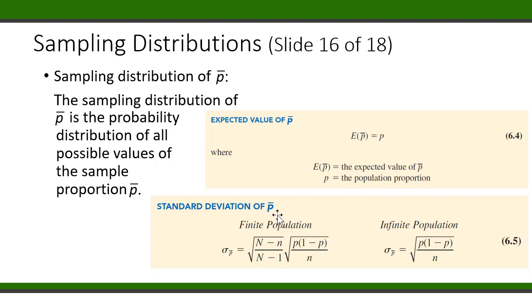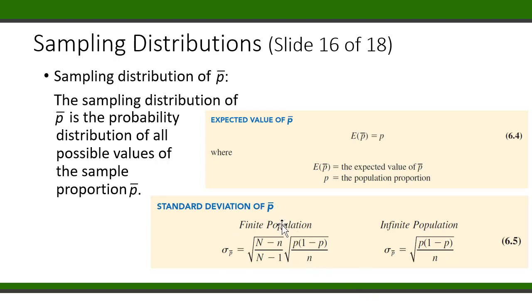And then the standard deviation of the sample proportion, p bar, is equal to, and that should look familiar, the square root of (N minus n) over (N minus 1), multiplied by the square root of p times 1 minus p divided by n.